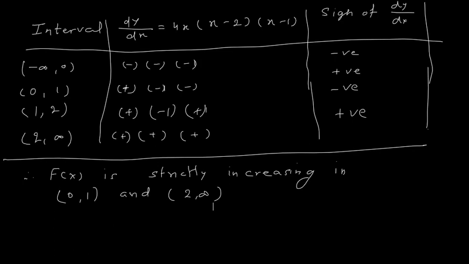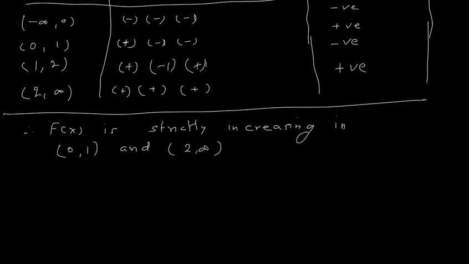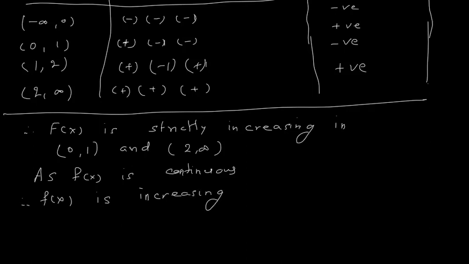As the function f(x) is continuous, we say that f(x) is increasing in [0, 1] union [2, infinity). Here I use the closed bracket because it is increasing, not strictly increasing. For infinity I use the open bracket.